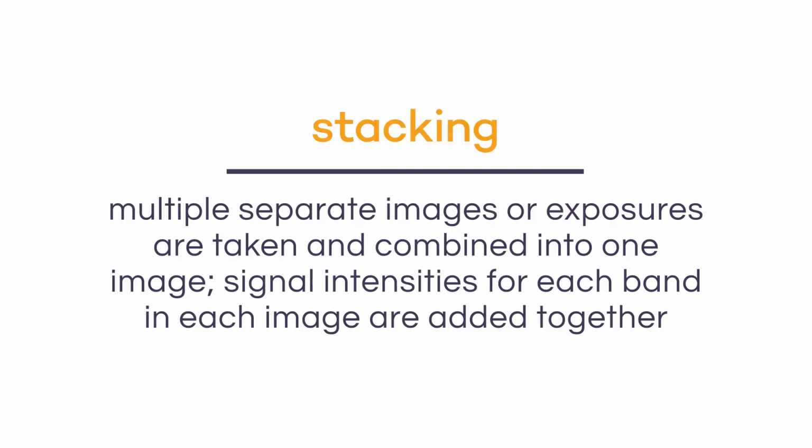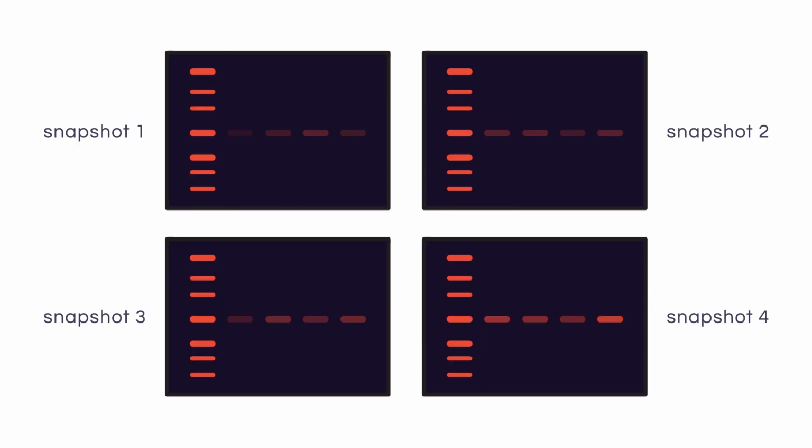Another example of a manipulation that could take place during image acquisition is stacking. This is where, rather than taking one single image of your blot, your system actually takes multiple separate images or exposures, which are then combined together into one image. And typically, the signal intensities for each band from each separate image are added together. This should really be avoided, as presenting or quantifying a stacked image skews the differences between the different signal values, and is not truly representative of your experimental results.